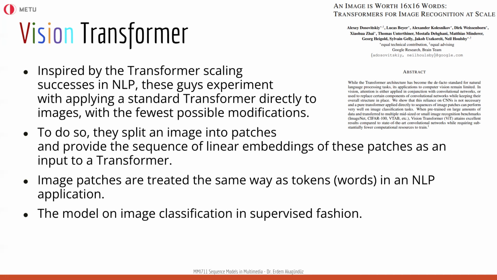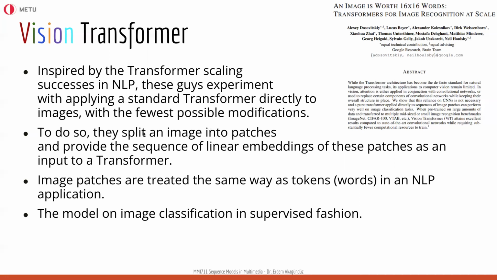So vision transformers is inspired by the transformers' tremendous success in natural language processing. People found a way to implement this for vision. What they did was classification, just like AlexNet or VGG.